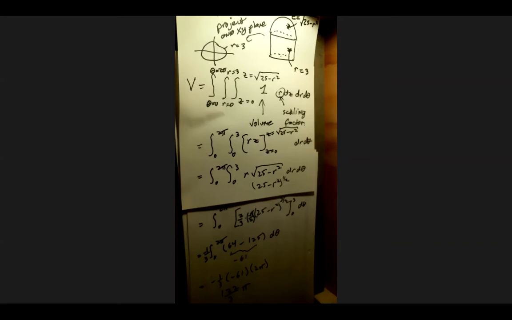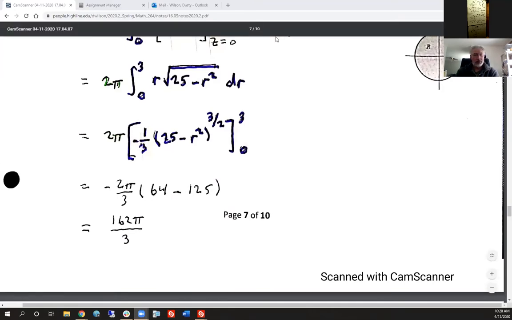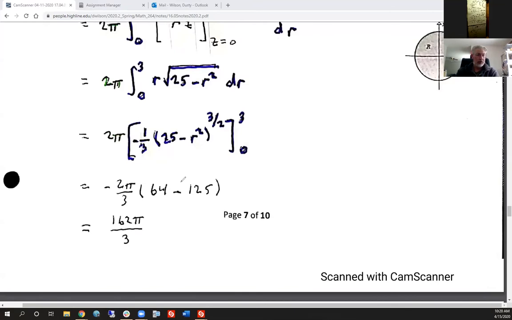Let me look over here. 64, I think. So in my scan notes, I think I get all the way down to the same place right here, but it looks like apparently I can't do arithmetic. I couldn't do arithmetic that day. 64 minus 125.